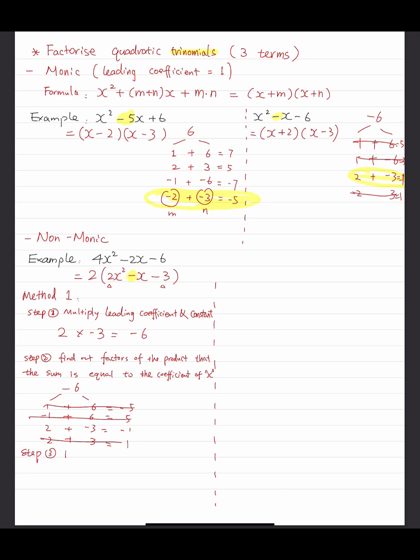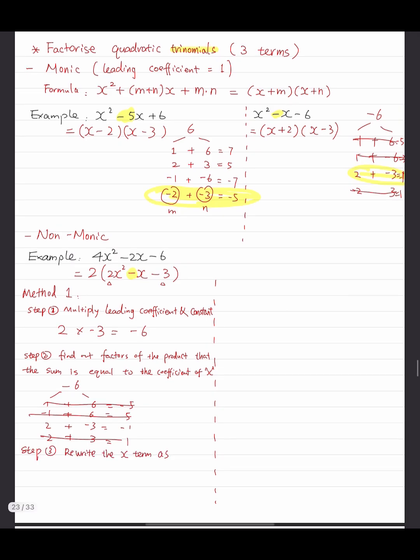Step 3 is you rewrite the x term as the two factors that add up. Okay, so what do I mean by this? You have to rewrite -x as 2x plus -3x, or you can say 2x minus 3x.